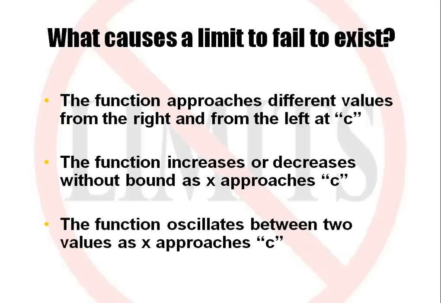The final thing that you might see happen is that your function might oscillate between two values as x approaches c. You're used to seeing sine fluctuate between -1 and 1. As long as it's a nice smooth curve, that's fine.